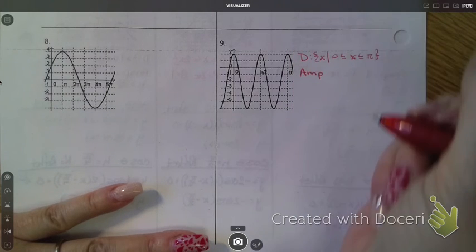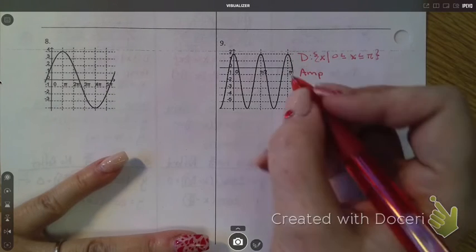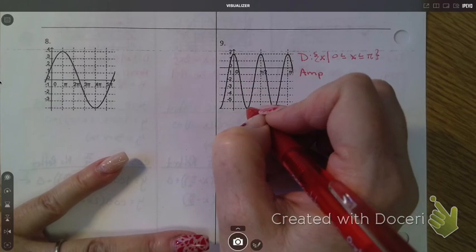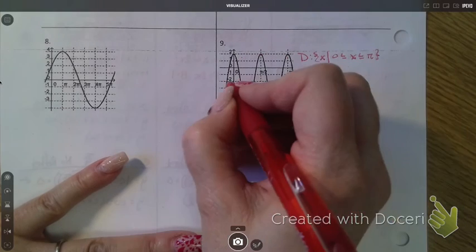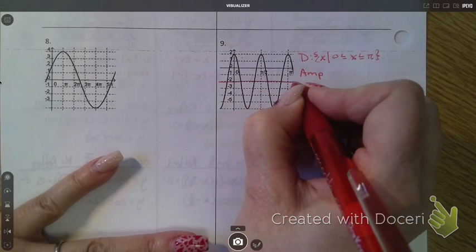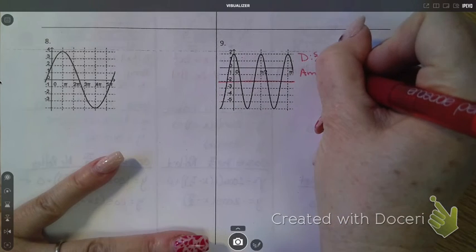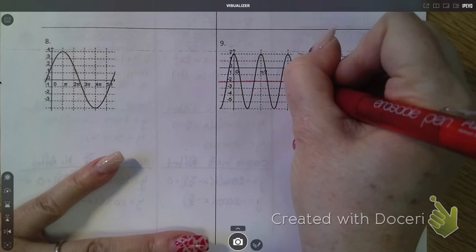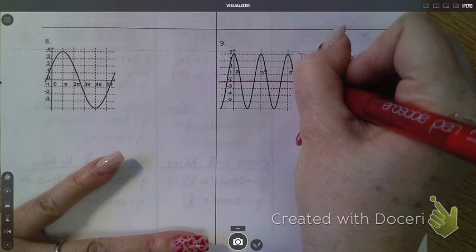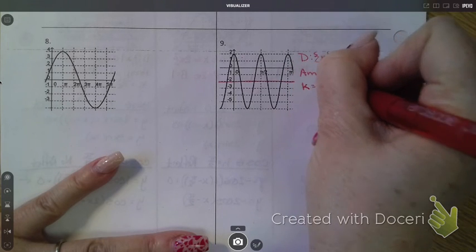It would be 4 again. Is it 4 again? So 6 and 2, so down. Y'all agree with 4? Okay, so amp is 4. Do you want to do K right away then? Yes. K is -2.